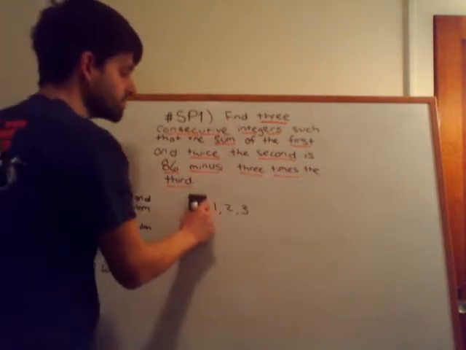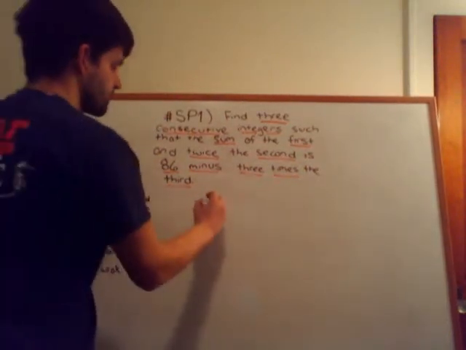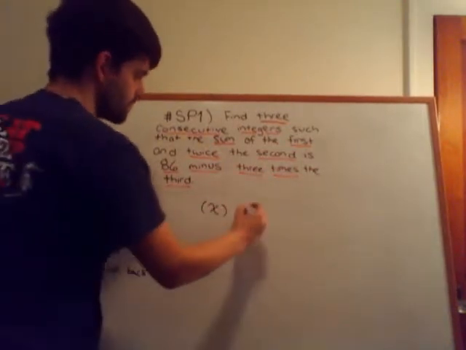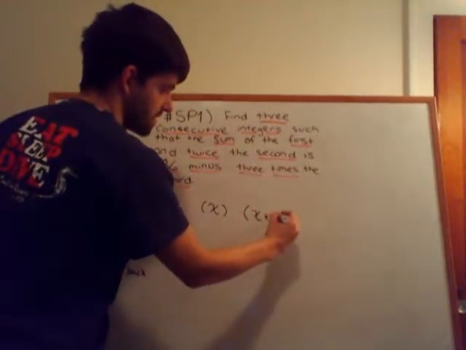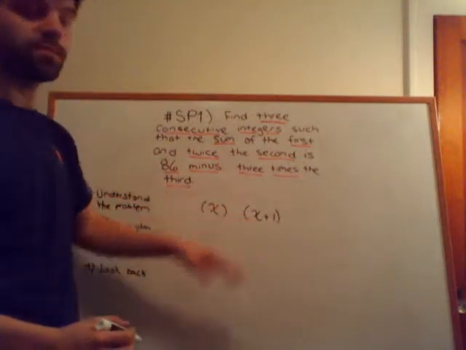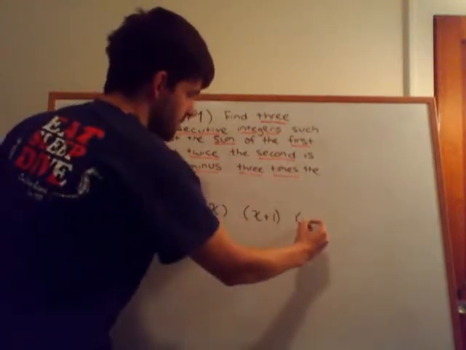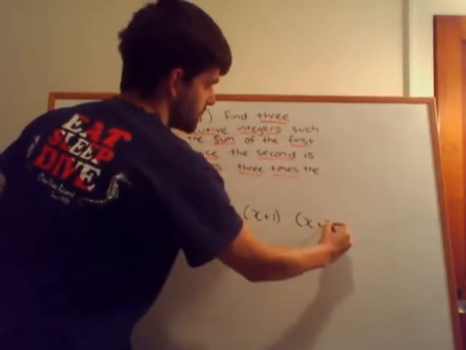Now, what I want you to take from that, in an algebraic sense, we have x as integer 1, but to get to integer 2 being consecutive, we're going to add 1. So the expression x plus 1 is our second integer. Likewise, with our third integer, it's going to be x plus 2.